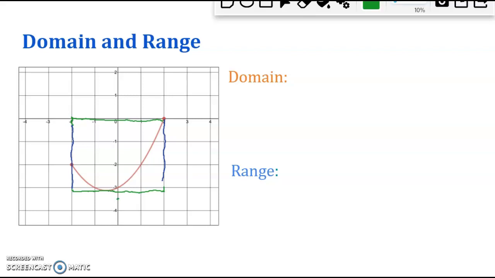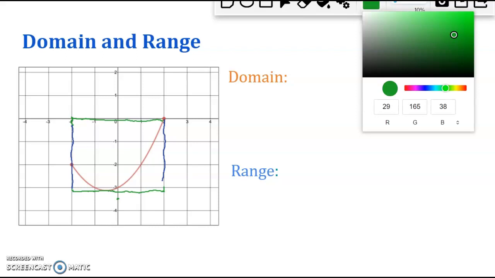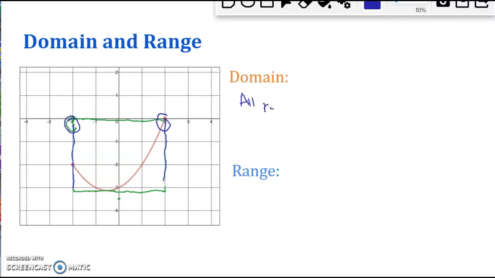So let's talk about the domain first. Domain extends from -2 to +2, right? So the domain is all real numbers between -2 and +2, right?